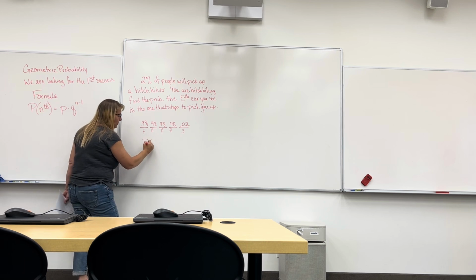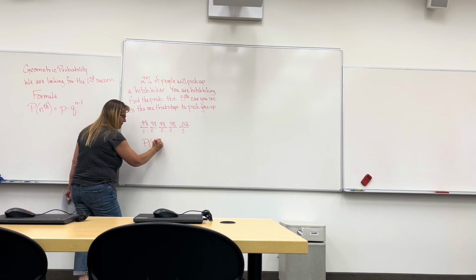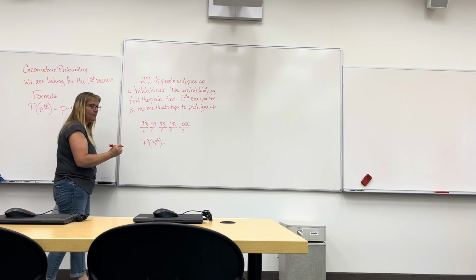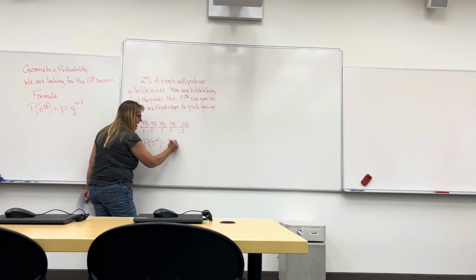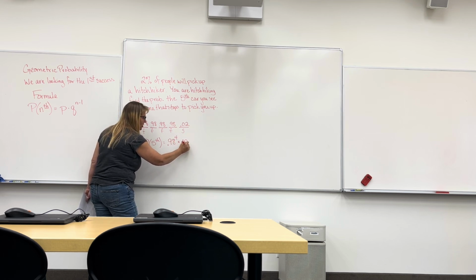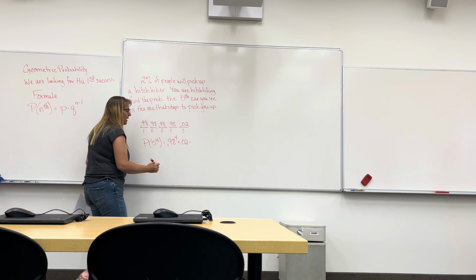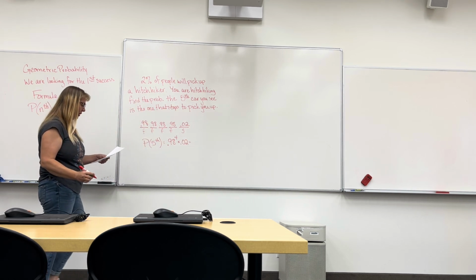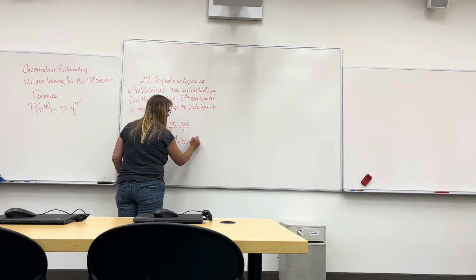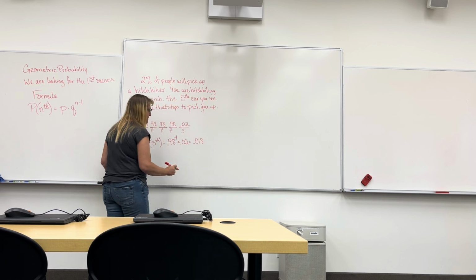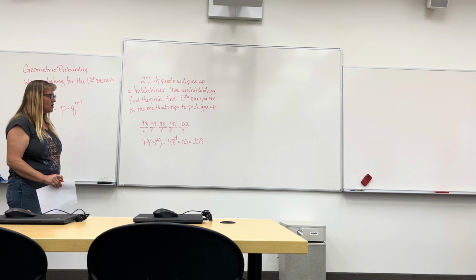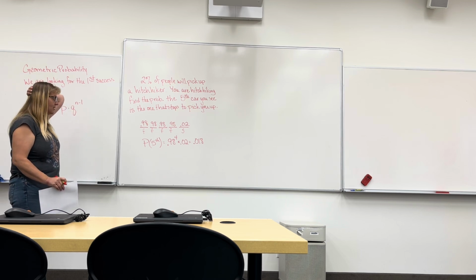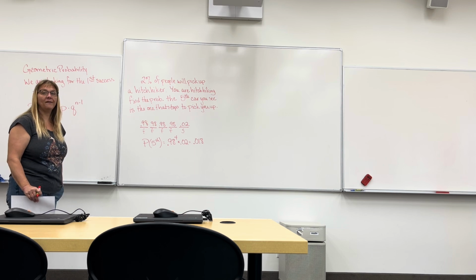So if we want the probability that the fifth car that we see stops to pick you up, we're gonna do 0.98 to the fourth times 0.02. And if we stick that in our calculator, we get 0.018. So there's a 1.8% chance that the fifth car you see will be the one that stops to pick you up.